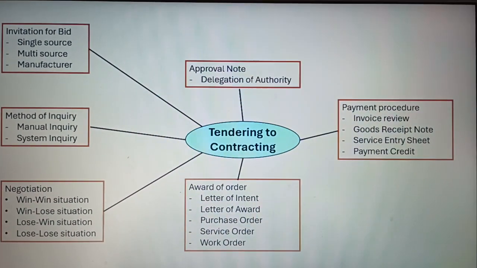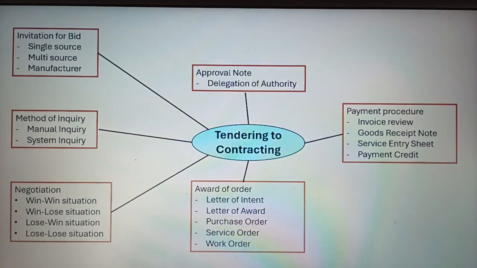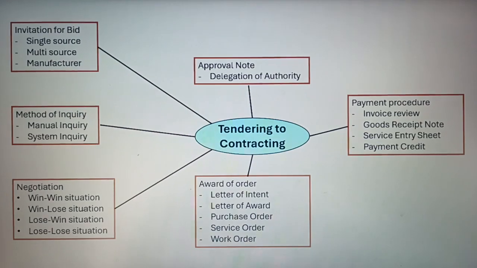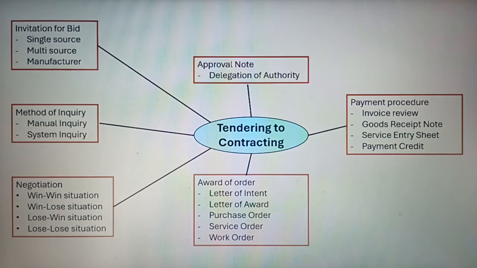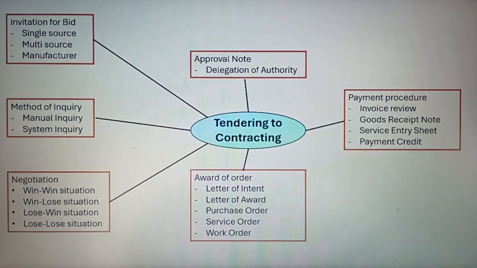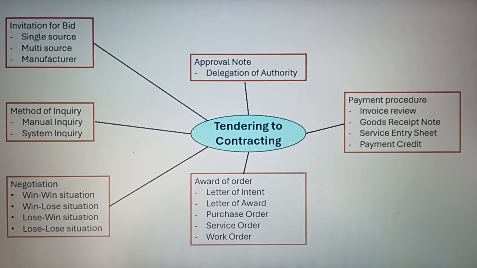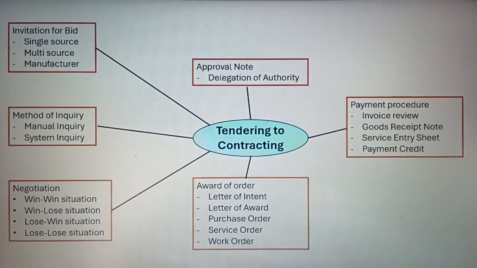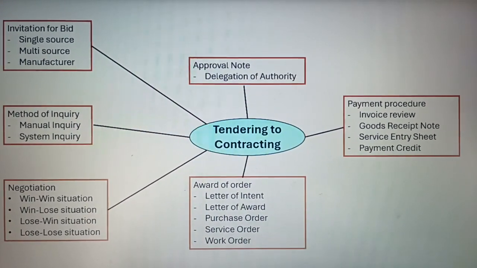The payment procedure is a main part of contracting, because everyone works for payment, because they have to maintain their organization, their family, their workforce. So it is a very crucial point for an organization.